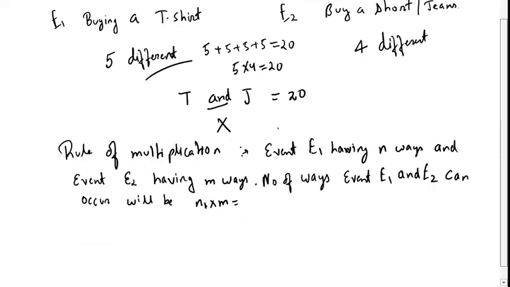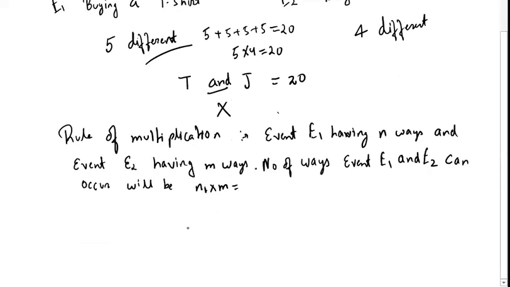Now suppose I ask you, you have to select either a t-shirt or jeans. Then you have 9 options, very good, because you are selecting either t-shirt or jeans.